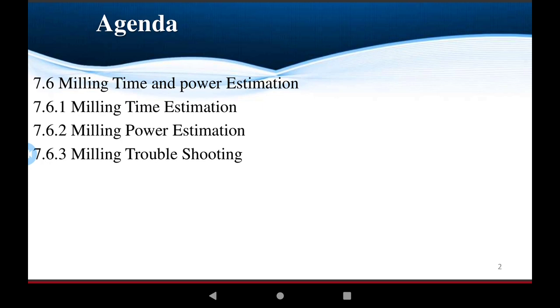Power estimation is the power required for the operation, from the start to the end of the milling operation.